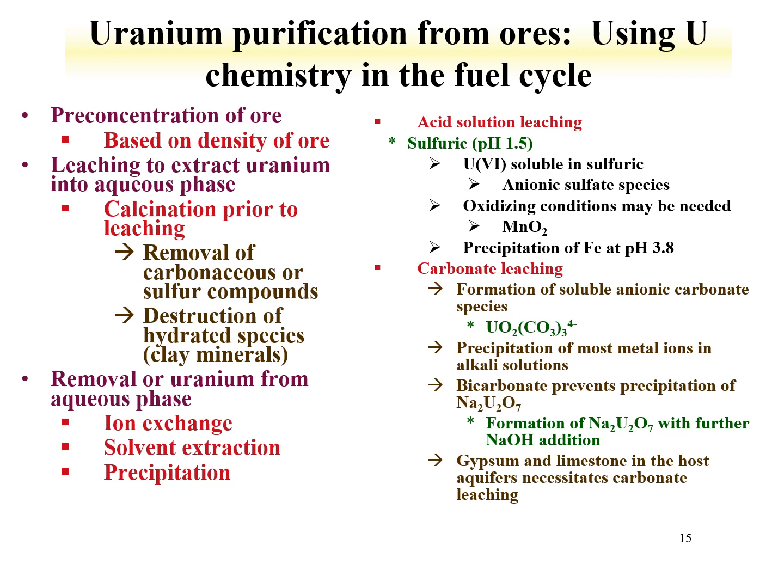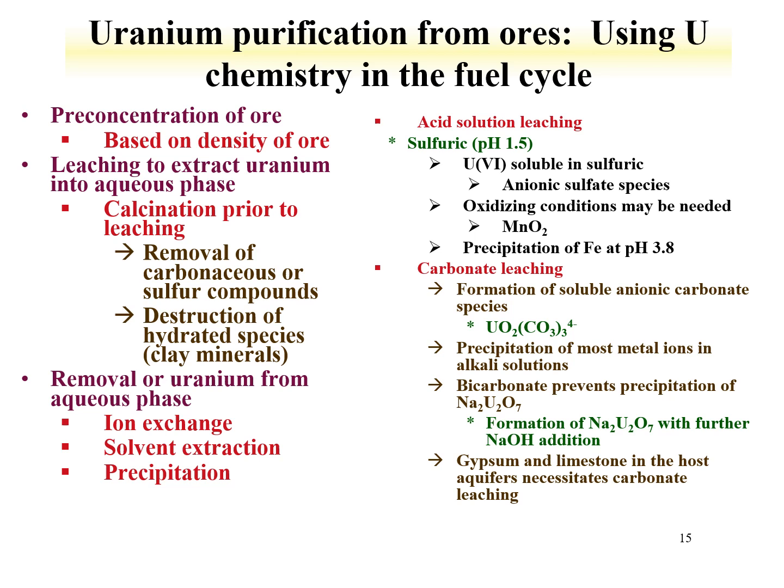If you're in a system such as limestone, which has a lot of capacity to absorb acid, one can explore carbonate leaching. With carbonate solutions, one can form the anionic uranyl carbonate listed here.